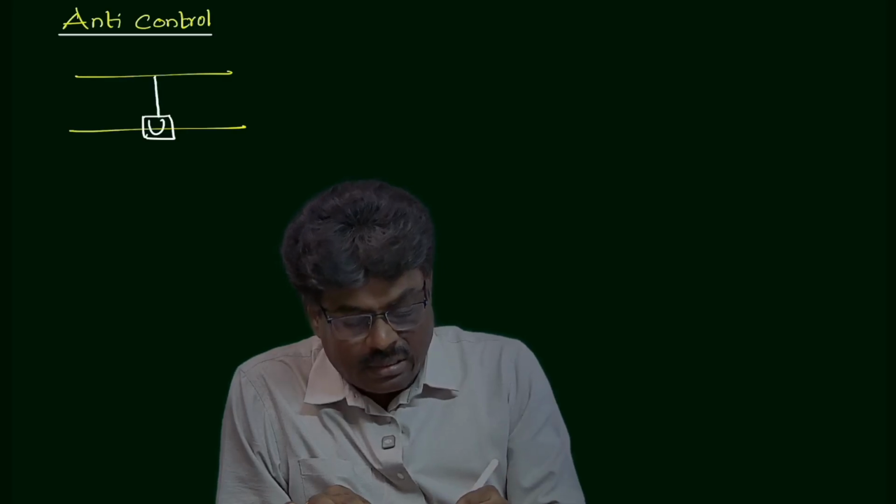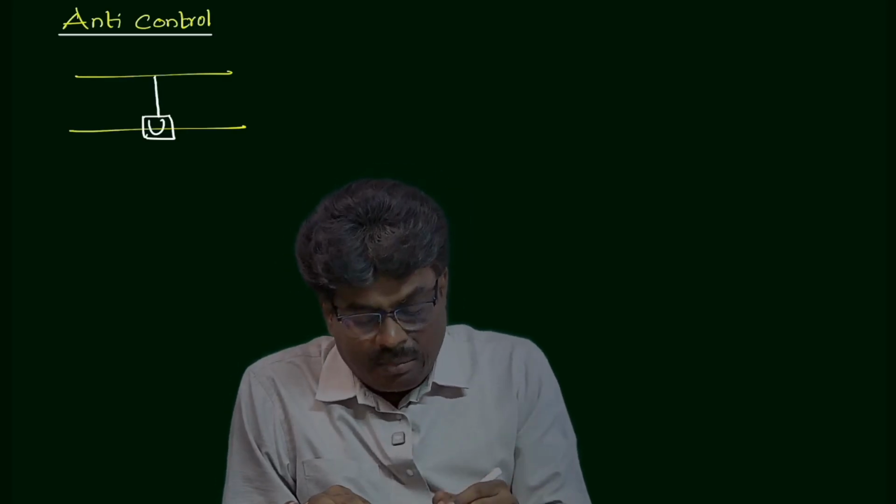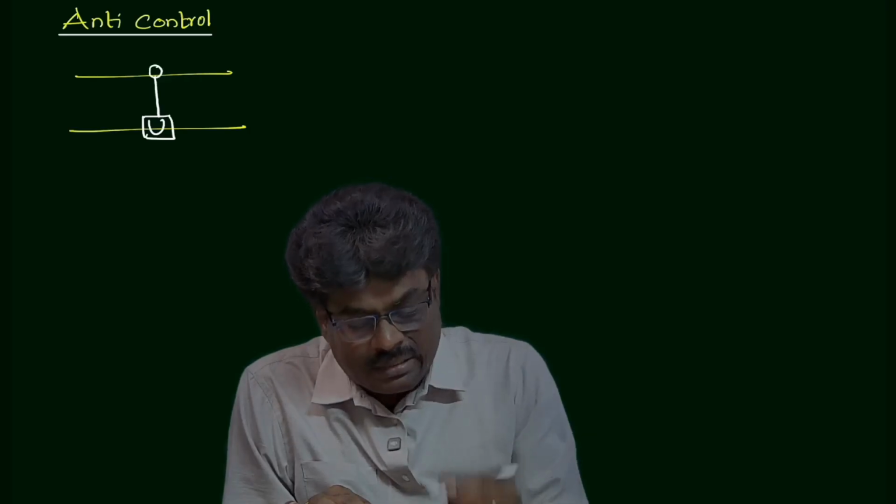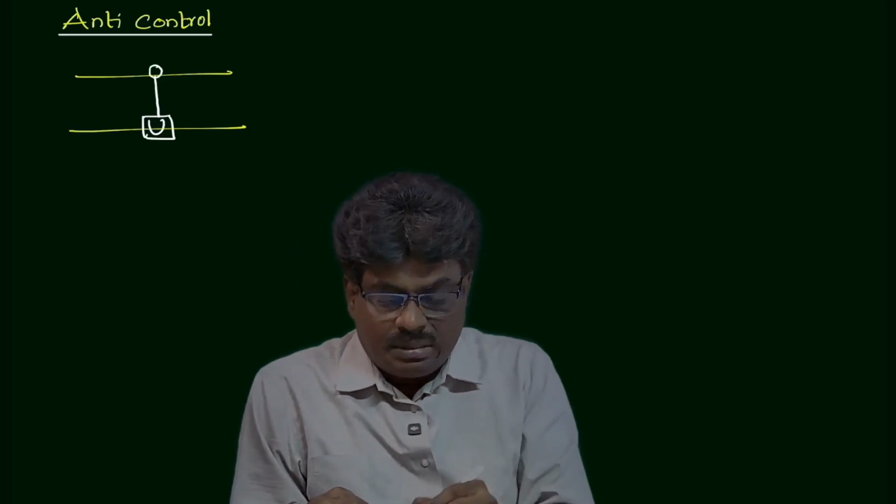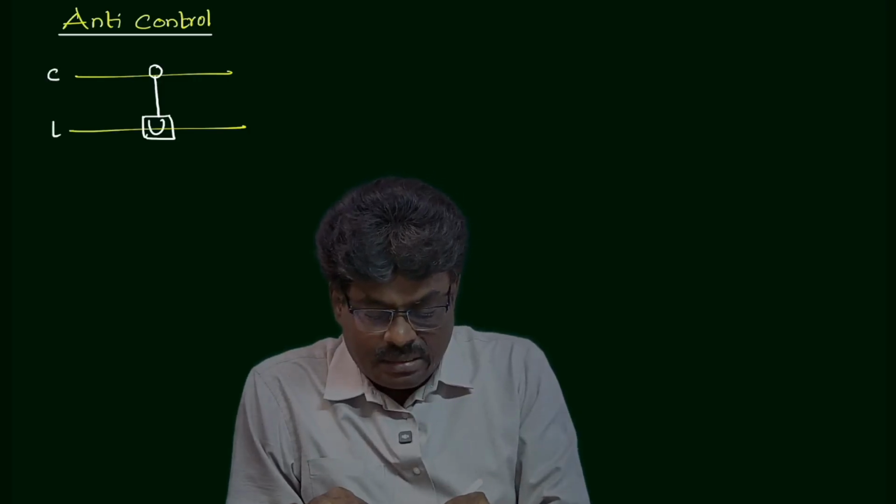Right. So next let us discuss this anti-control quantum gate. Here we have two qubit states, and this is a unitary operator. Earlier we have seen the control operation, but here take a hollow circle like this. That means this is the control bit and this is the target bit.